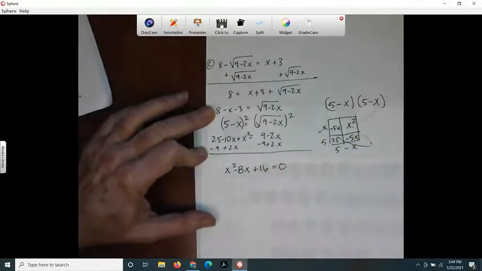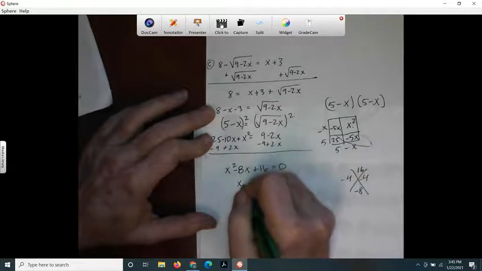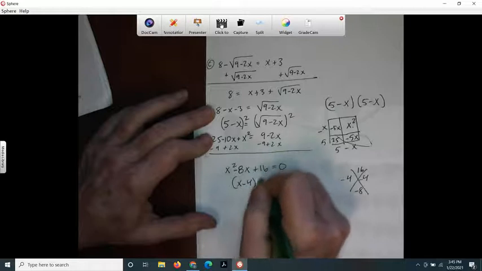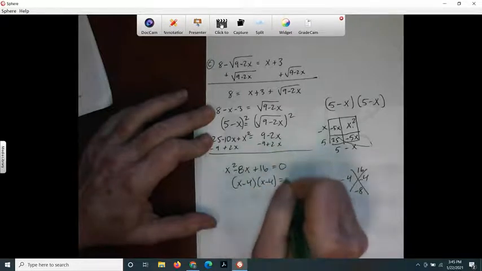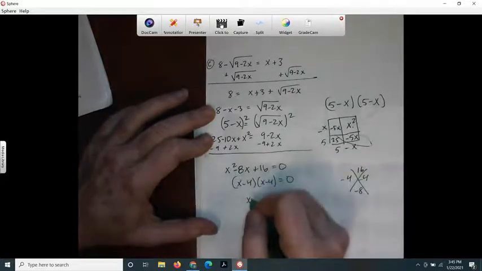Something like that. And then I'm going to do the diamond problem. They multiply and they add. Okay, so x equals 4.